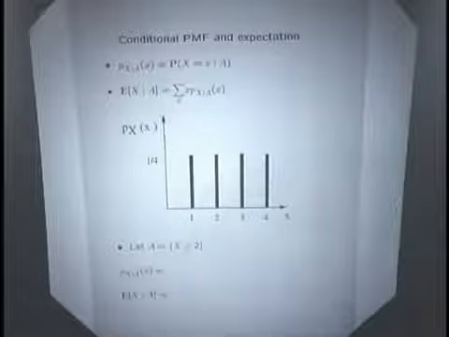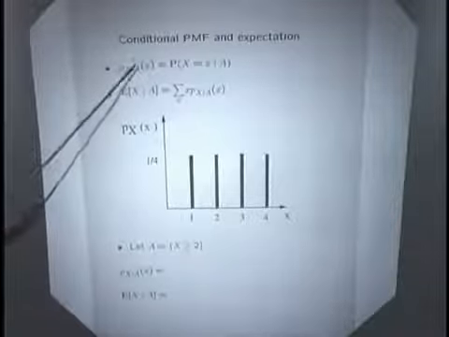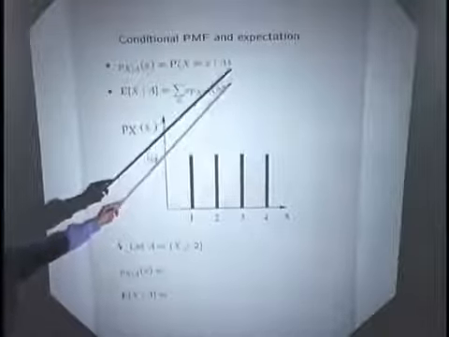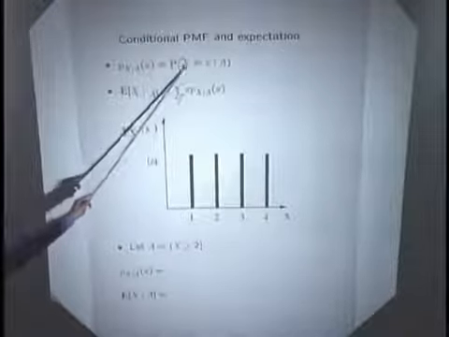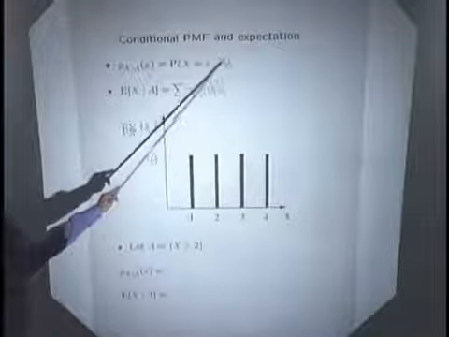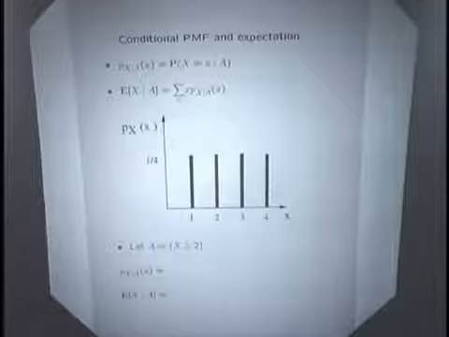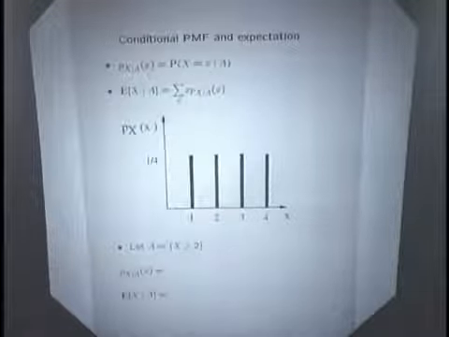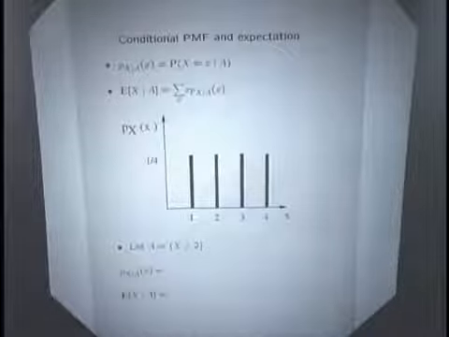And we also have an event, and somebody comes and tells us that this event has occurred. The PMF tells you the probability that capital X equals some little x. Somebody tells you that a certain event has occurred. That's going to make you change the probabilities that you assign to the different values. You're going to use conditional probabilities.